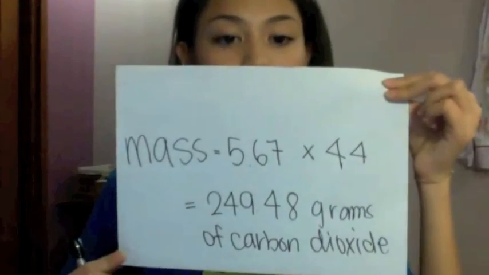So if we follow this equation again, and we are finding the mass, then mass would be equal to 5.67, because it is mentioned in the question there are 5.67 moles of carbon dioxide, and you multiply that by the RFM of carbon dioxide, which is 44, then it would equal 249.48 grams of carbon dioxide. So the final answer would be 249.48 grams of carbon dioxide.